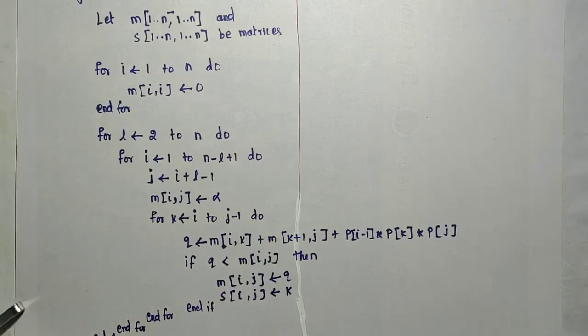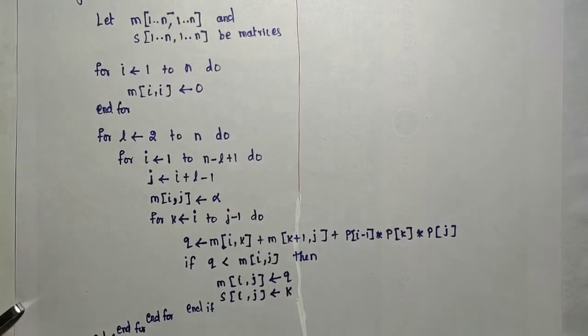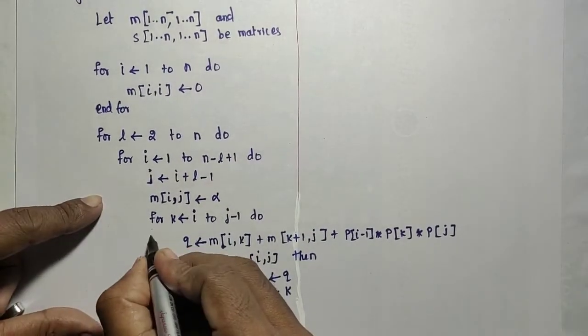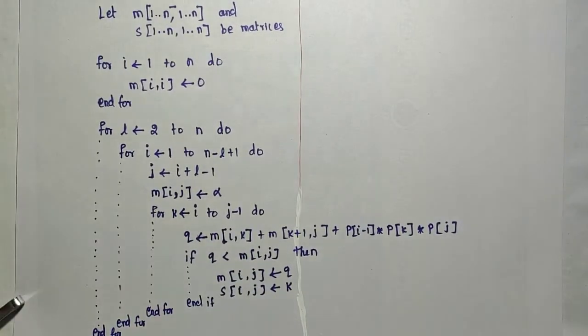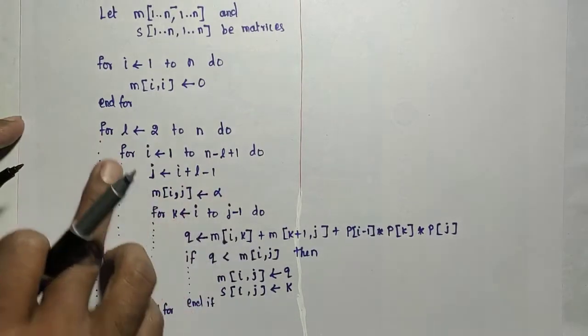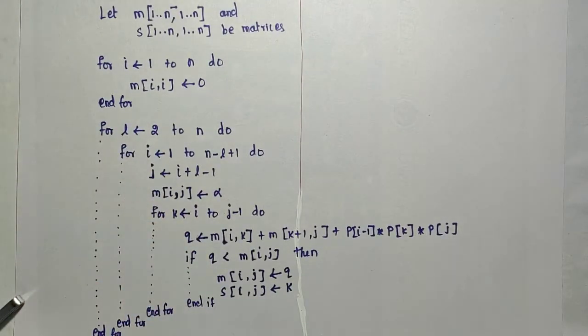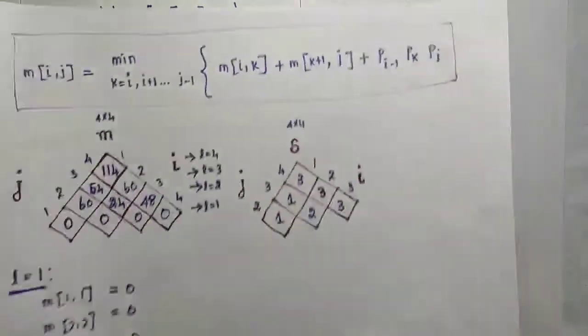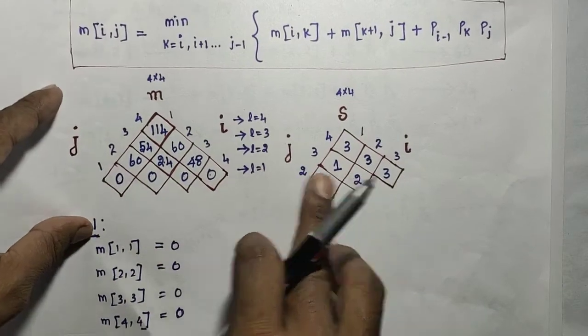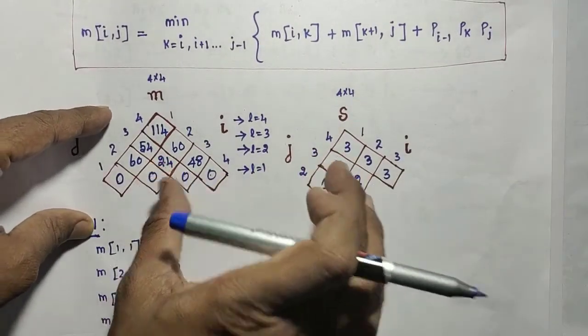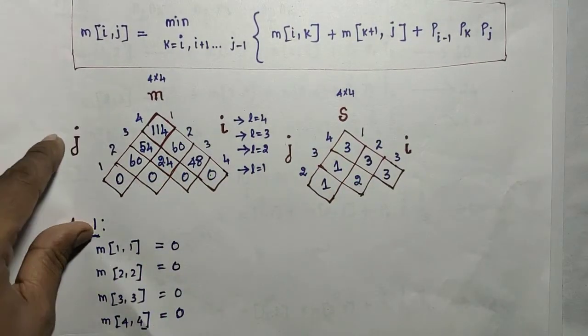So this for is ended here. The three for loops have to be closed correspondingly. At the end of this, all the m and s tables will get filled. So this algorithm is going to return these tables. This is not the final result; this algorithm just returns the tables.